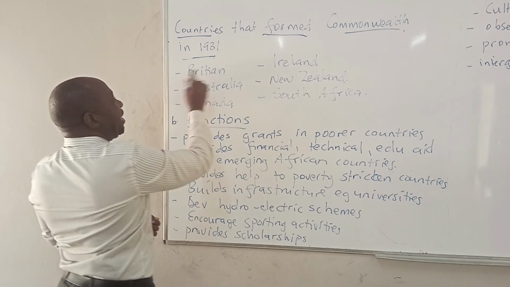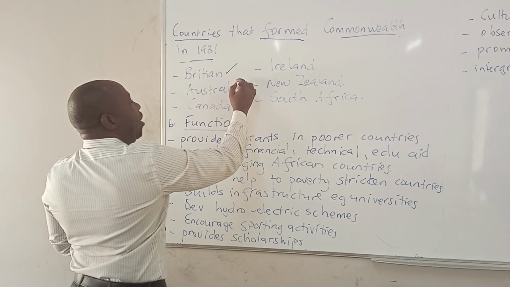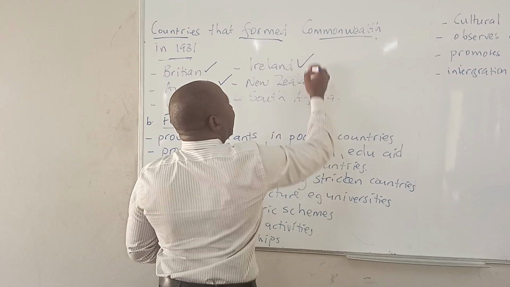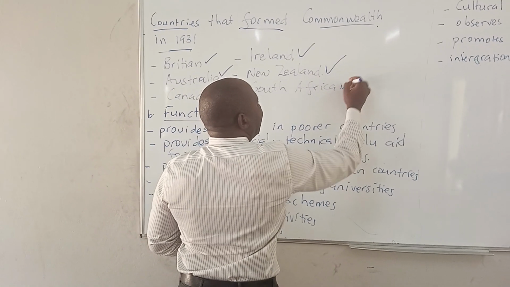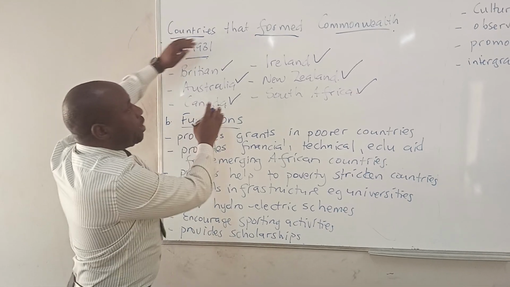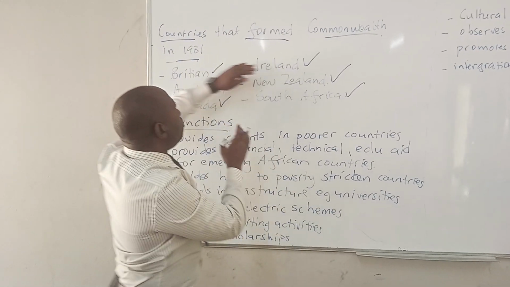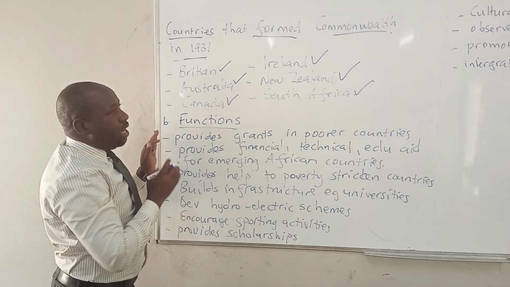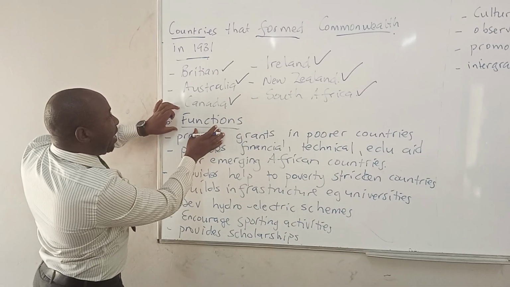These included Britain, Australia, Canada, Ireland, New Zealand, and South Africa. These were the countries responsible for the formation of the Commonwealth in 1931. Let's now move on and talk about the functions.